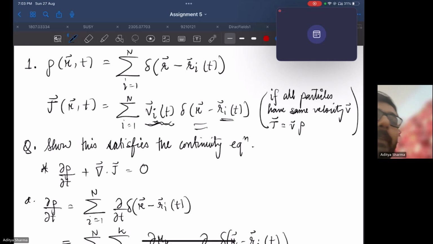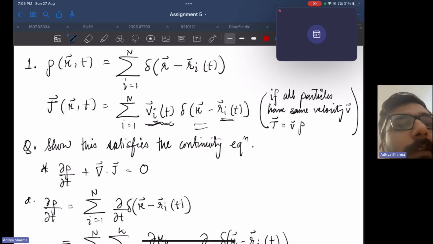Now, what does it mean that the V vector, all the particles, have the same velocity? That means we want to define velocity not for individual particles, but as a function of r.